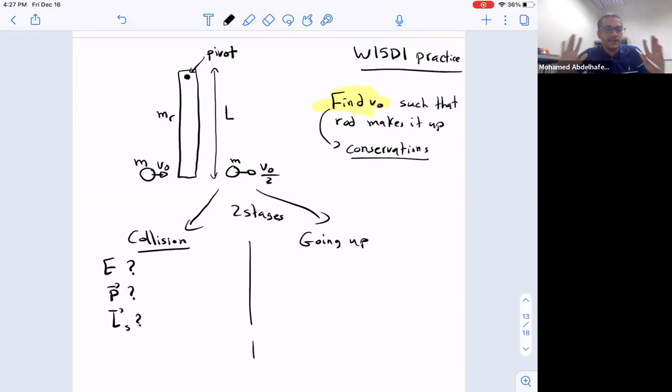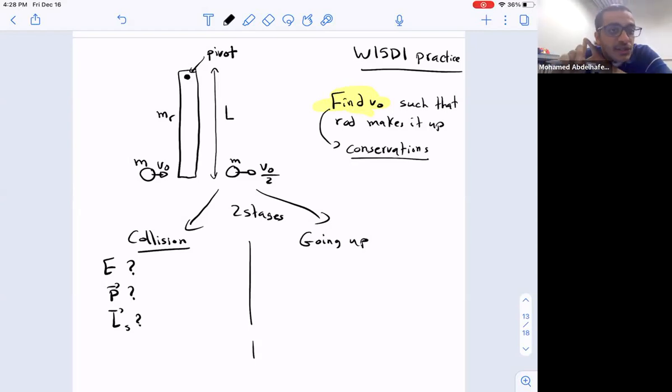We have to be very careful here, because collisions have their own particular ideas. The first idea is energy. Energy in a collision is not conserved unless the question says elastic. We said that previously, and we say it again: every collision in the world is inelastic. So unless we tell you, assume this is perfectly elastic, only then energy is conserved. So energy is not conserved, generally speaking, in two situations.